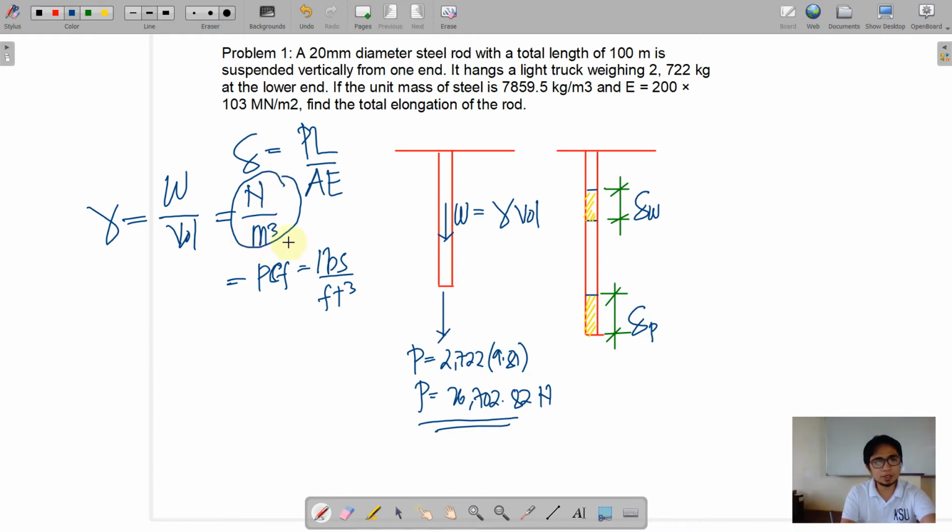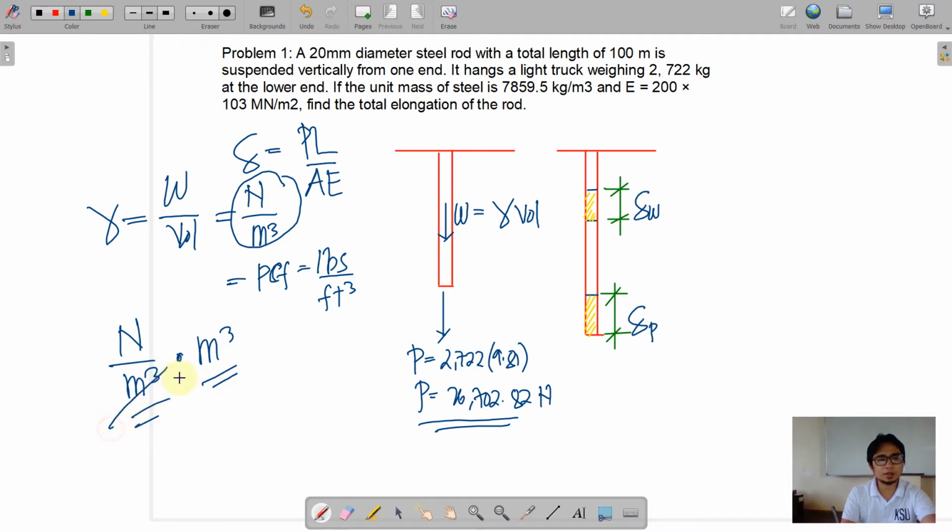Actually, we do not need to memorize this, but to familiarize ourselves with the unit of force. And the unit of force is Newton, right? So if we have a force in Newton per cubic meter, we'll just multiply it by cubic meter.